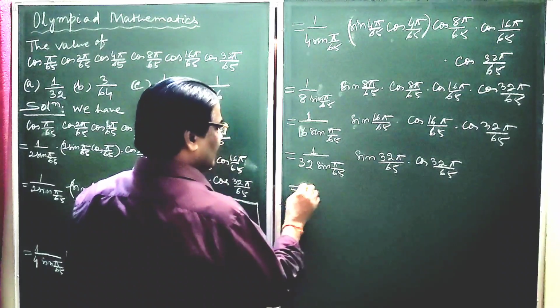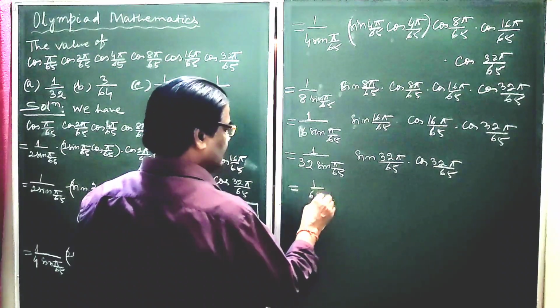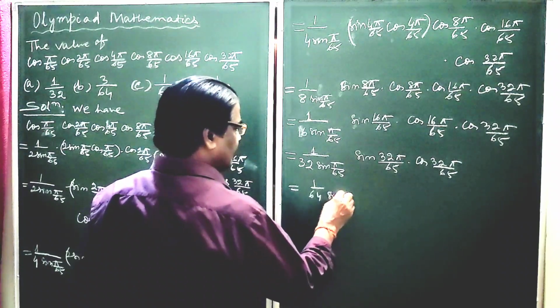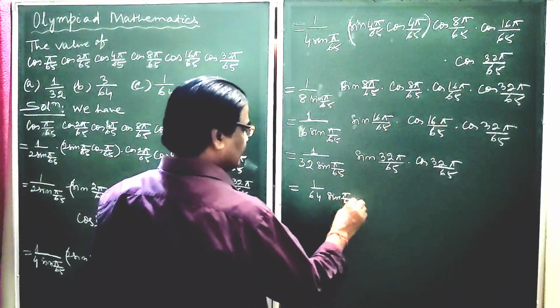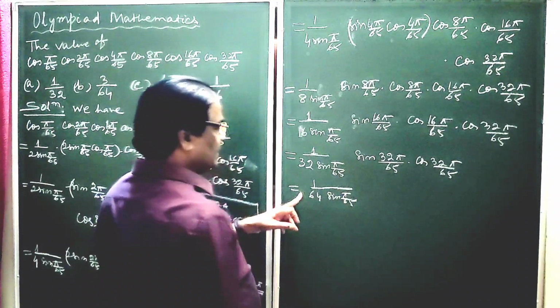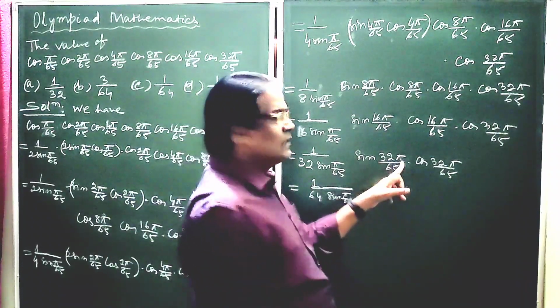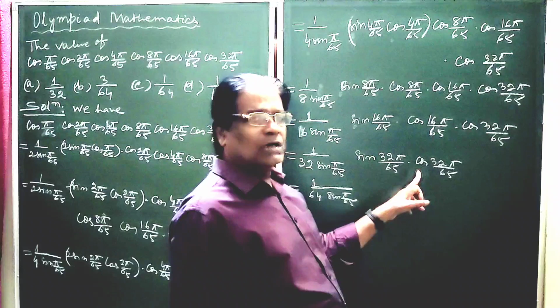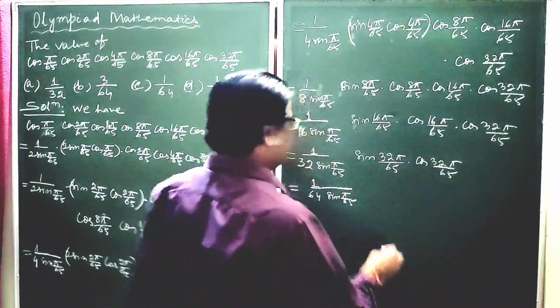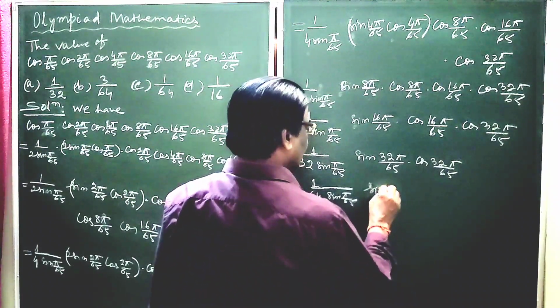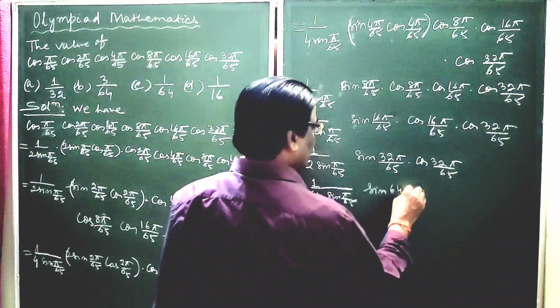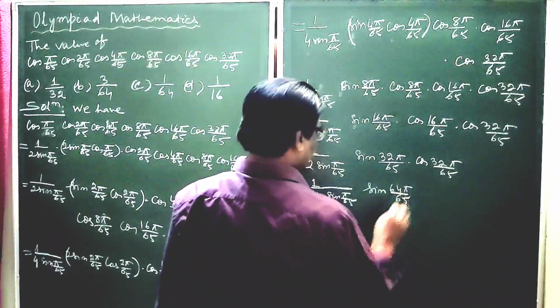This is again 1 by 64 sin pi by 65. We have multiplied and divided by 2. Now 2 sin 32 pi by 65 cos 32 pi by 65 becomes sin 64 pi by 65.